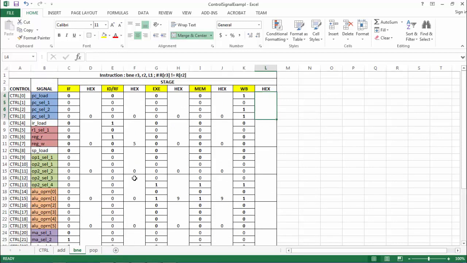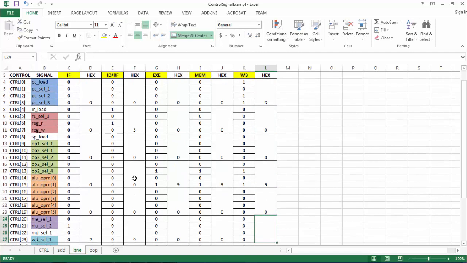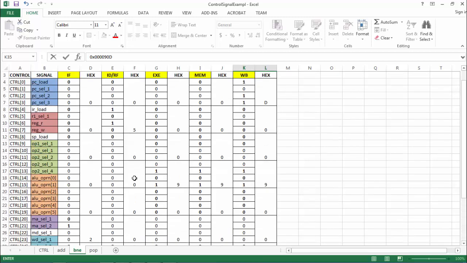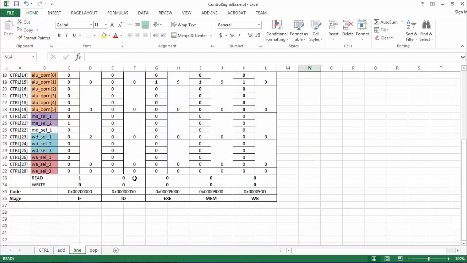Anyway, let's see what happens. Here is 8 plus 4, 12, 13, which is CD, D 0 0. This is 9 0 0 0 0, 1 2 3 4, 9 0 D. Alright, so 1 2 3 4 5 6 7 8.